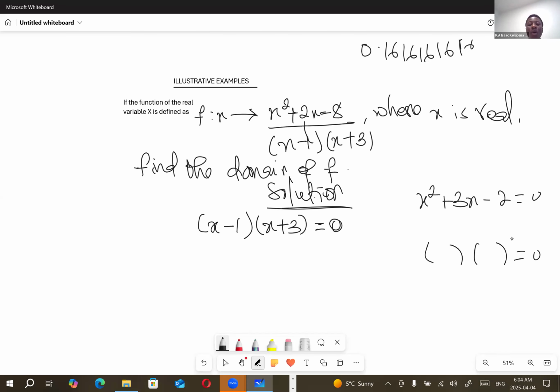So here, you just take x minus 1 and equate it to 0. x will be equal to what? 1. Then x plus 3, you put it to 0. x will be equal to what? Negative 3.